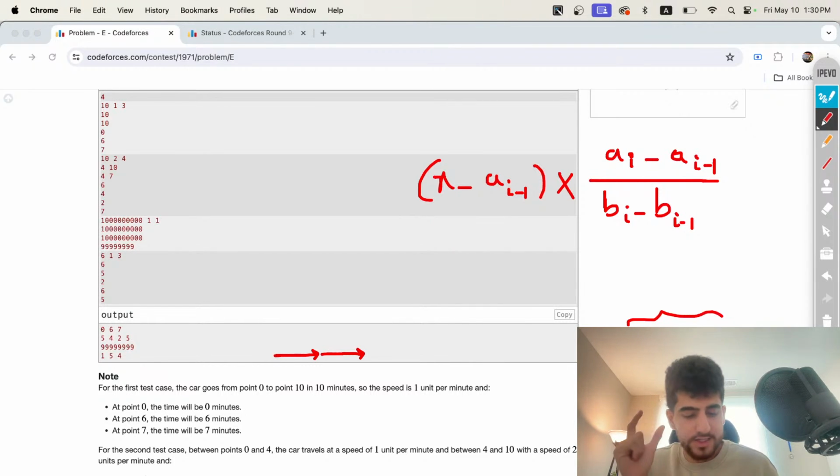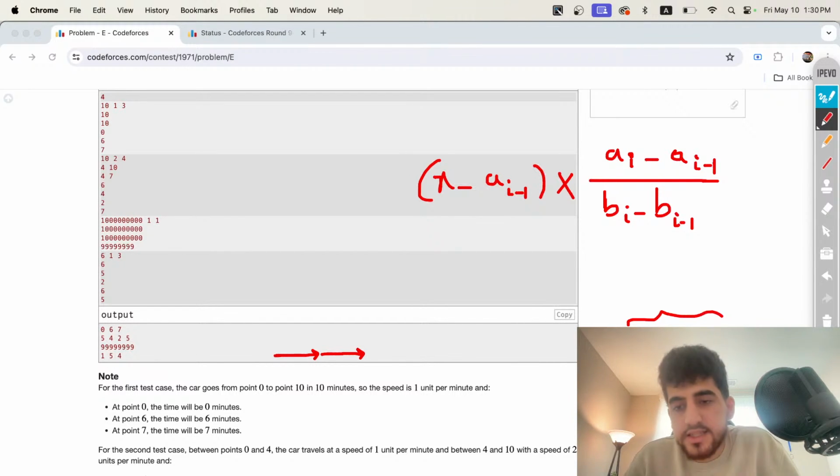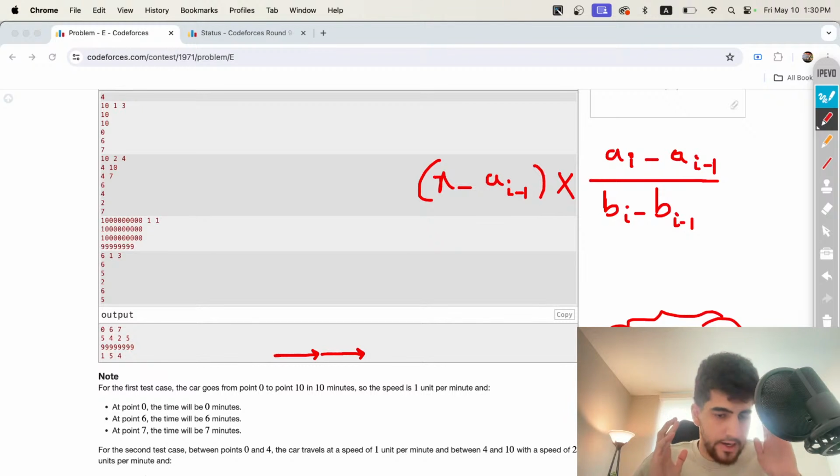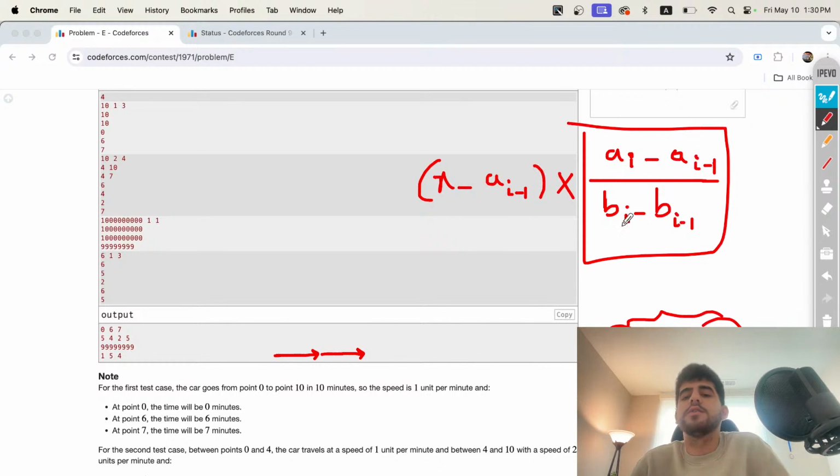So let's find that speed. How can we find it? The speed will be a of I minus a of I minus 1, which is the distance between the source and the destination, over the time that has passed, which is b of I minus b of I minus 1.